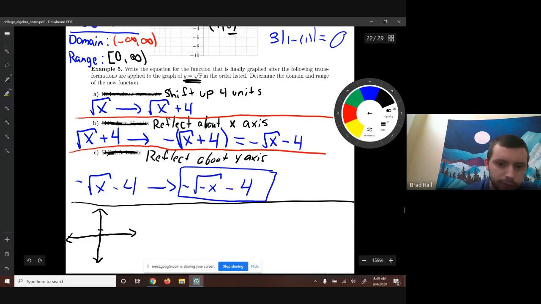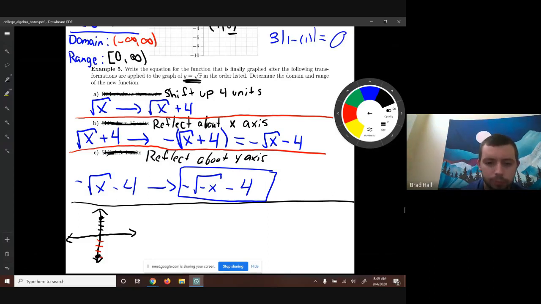So if we were to shift up 1, 2, 3, 4, and the arc would start here, then it says, all right, forget that. We're going to go down 4 instead. To reflect about the x-axis, and then about the y-axis, the arc will now be going this way. If anything, you can use a graphing utility online to visualize this if you need to.